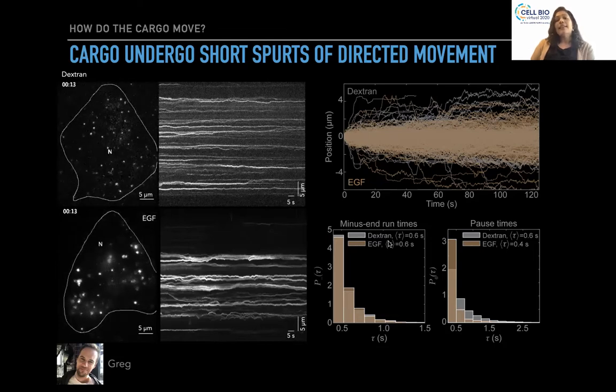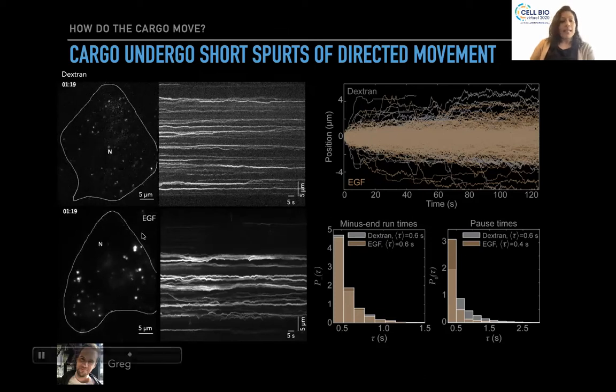Another thing I'd like to point out is that the minus-end run times of both transferrin and EGF match very well with the residence times of dynein on the microtubule, which we saw just a few slides ago, which is about 0.7 seconds. So essentially what we see here is that these two different kinds of cargo have very different trajectories and pause times.